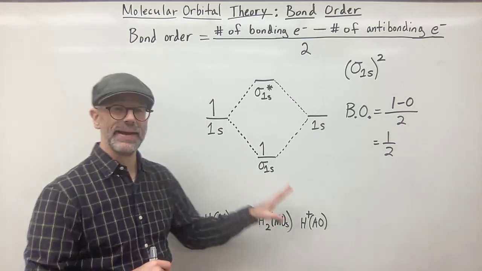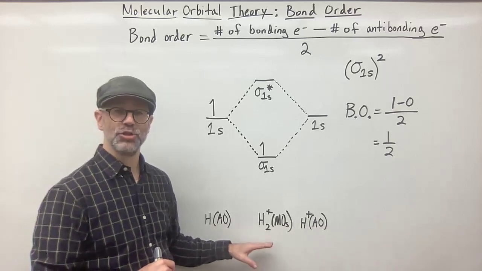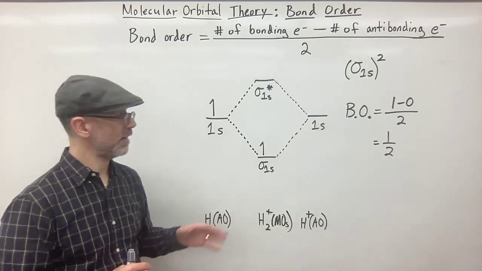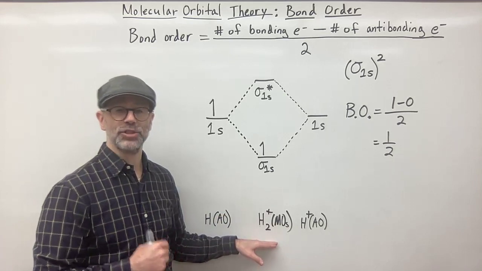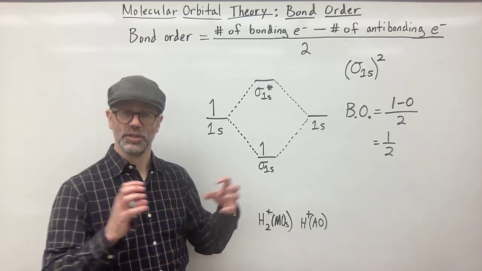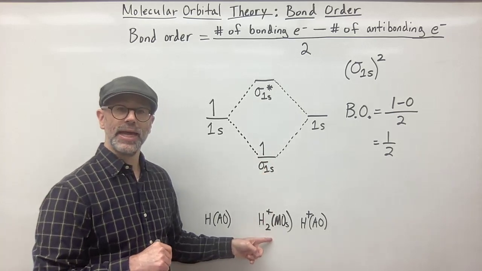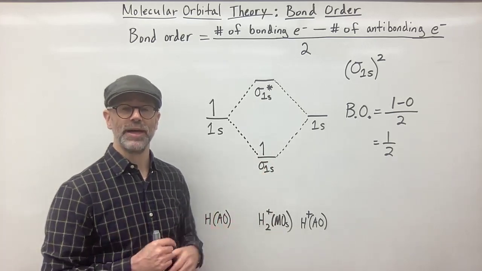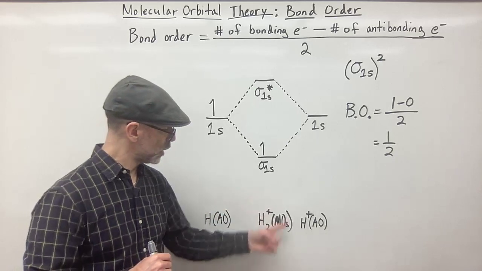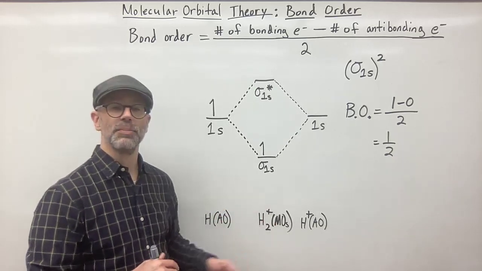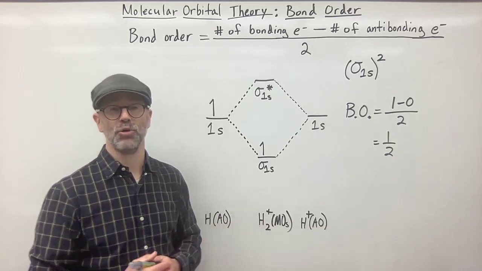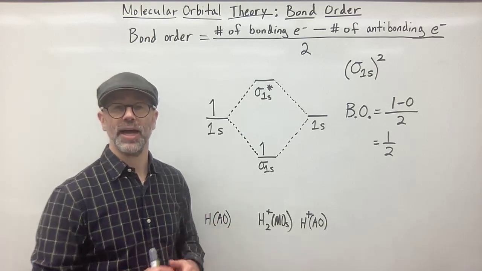If you look at the data for H2 plus, you'll find that the bond for H2 plus is a little bit longer than that of H2. And also it's a weaker bond. You'll find that the bond energy is weaker for H2 plus compared to just the H2 molecule with no charge on it at all.